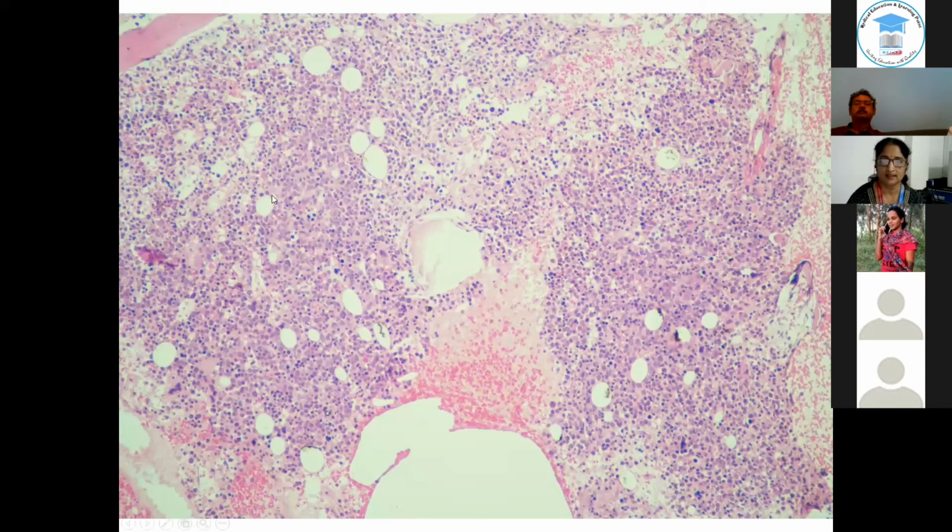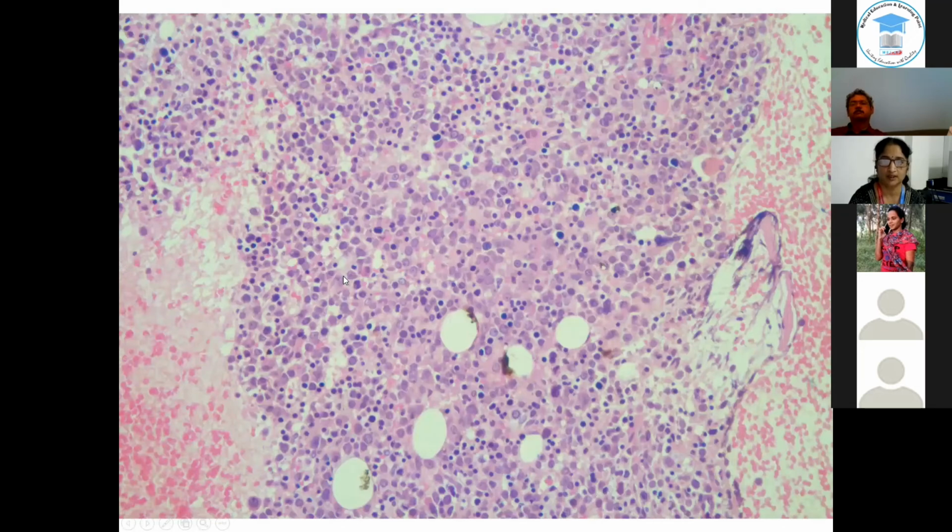You can see that though the marrow shows immature cells, there is intermingling of erythroid cells. Usually when it is a myeloid leukemia, the erythroid gets suppressed, but here the myeloid blasts, the immature cells and the late normoblasts are mixed together. So I was telling you in the introductory session also, usually these erythroid cells keep company.